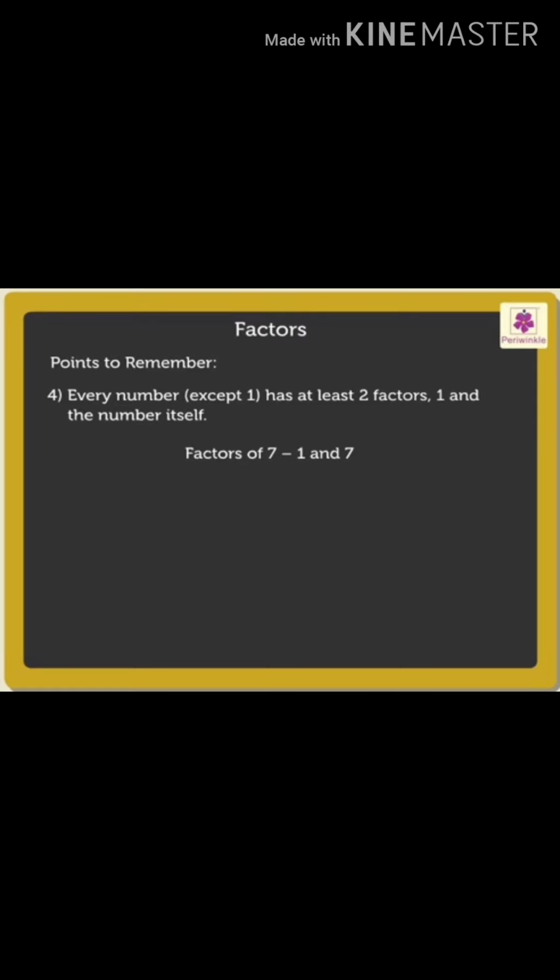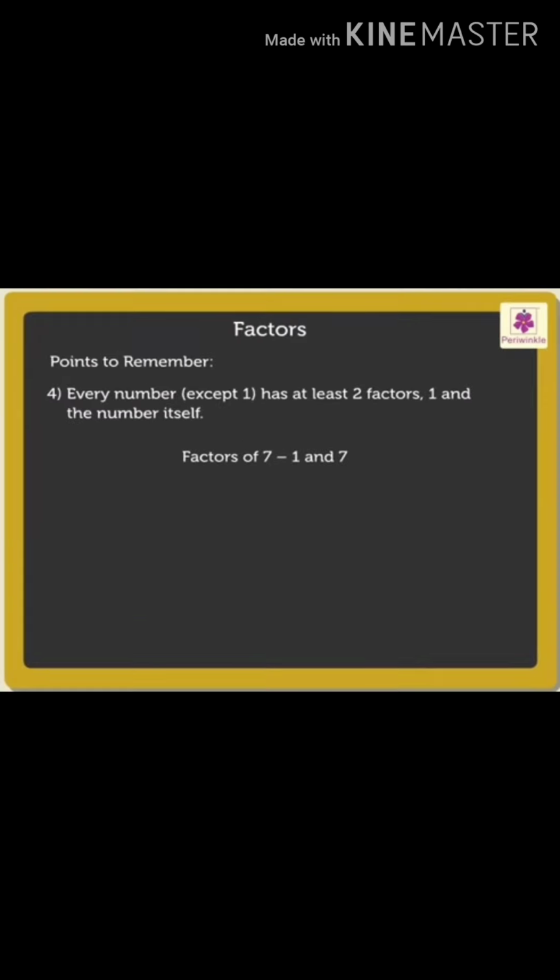That is, the number 7 has at least 2 factors, 1 and 7, that is, the number 1 and the number 7 itself. Hence, we can say that every number except 1 has at least 2 factors, 1 and the number itself.